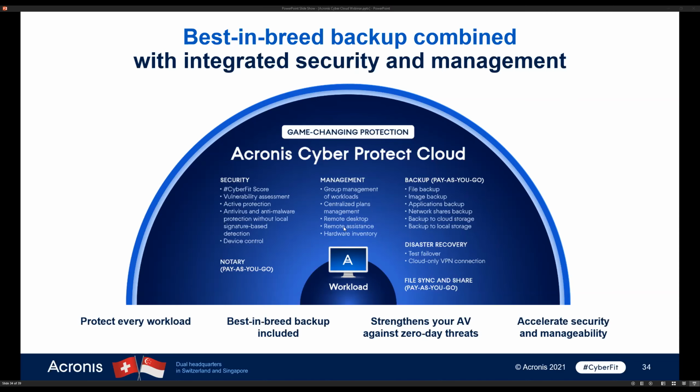From the management perspective, we have the hardware inventory, the remote assistance and remote desktop functionality, as well as the ability to centrally manage all your workloads in one place. And then, of course, from a data protection perspective or data backup perspective, we have the file and image level backup, all included in the standard product. And this helps you protect all your workloads with an excellent backup and security management functionality in one single solution.